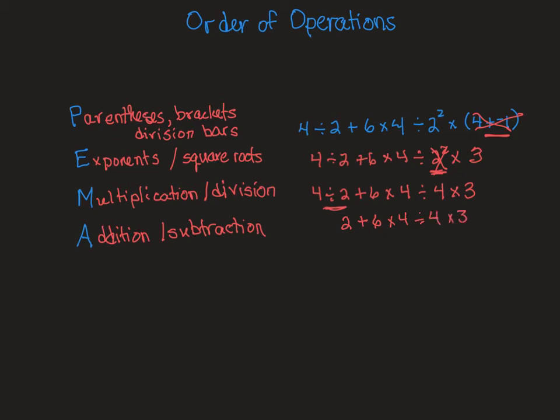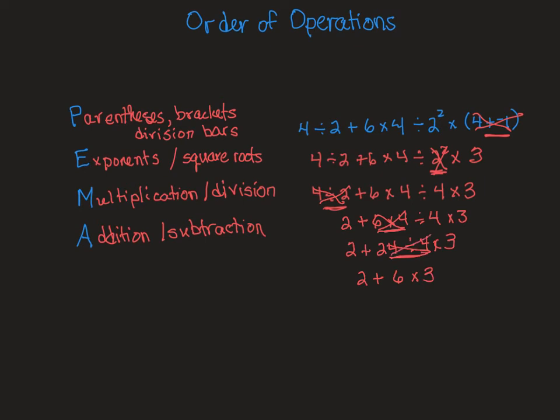Now I'm looking for the next multiplication or division. Do I have any more? Yes, I do. I'm crossing that out. 2 plus 6 times 4 is 24, divided by 4 times 3. There's still some multiplying and dividing, so I'm continuing on. Now I have this one: 24 divided by 4 is 6, times 3.